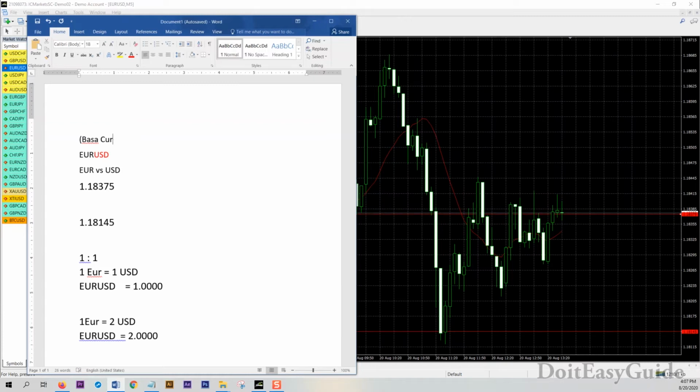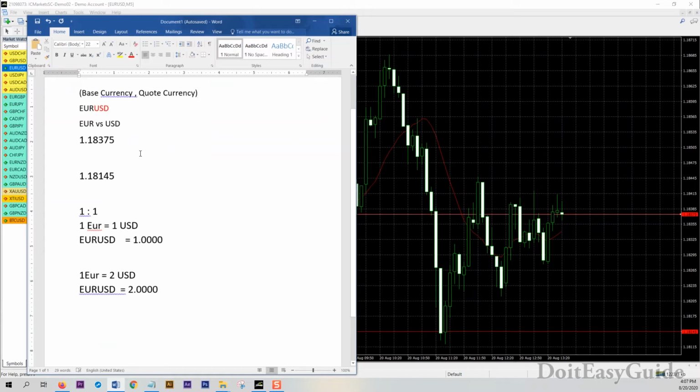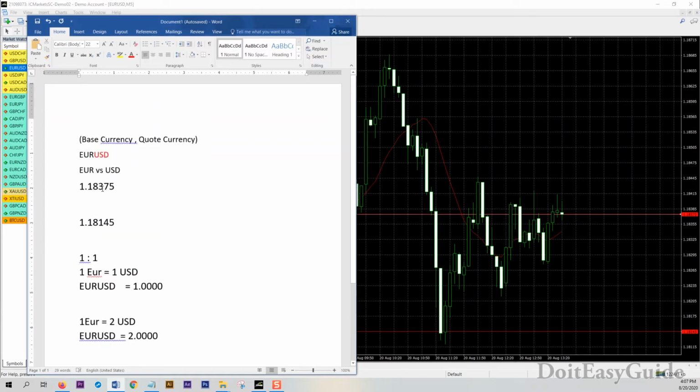The second currency we call the quote currency. Base currency and quote currency. So whenever we write this, the value is always compared to the base currency: how much one unit of base currency is compared to the second currency.